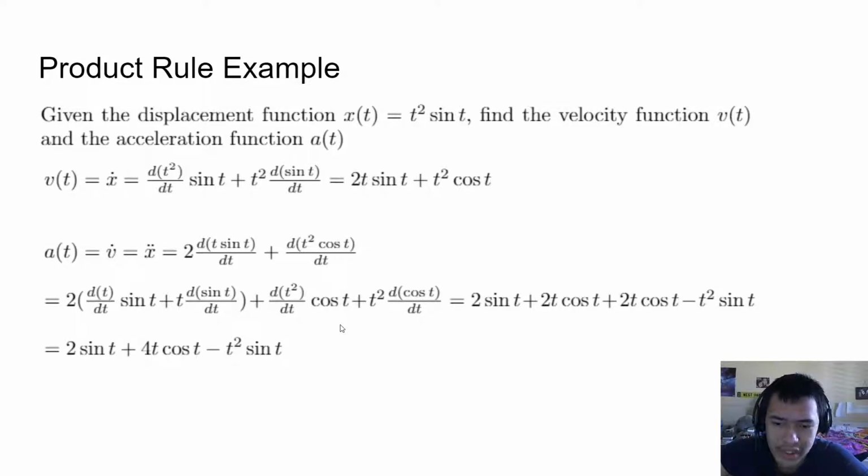Doing some simplifications and noticing that the derivative of t is just 1, and the derivative of cosine is negative sine, we end up with 2 sine of t plus 2t cos t plus 2t cos t minus t squared sine t, which is just equal to 2 sine of t plus 4t cos t minus t squared sine t.